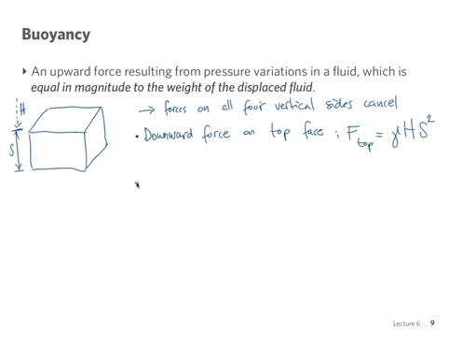Then we have also an upward force on the bottom due to pressure. And that's gamma, and now the depth of that face is h plus s. And again, the surface area is s squared.